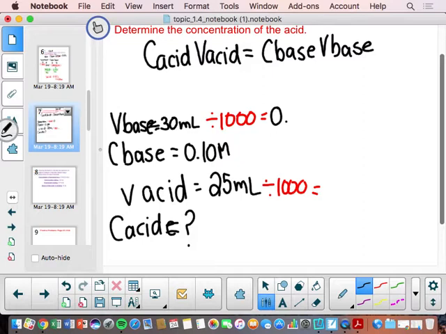Fraction? Oh no, not your calculators again. Okay, put your 0.025. That's this one. And then the 30 milliliter one, if you get a fraction, just make sure you put a decimal somewhere, like at the very end.